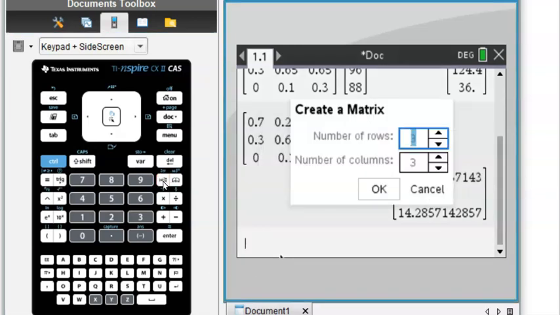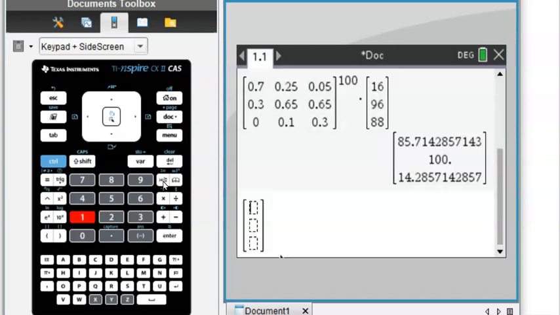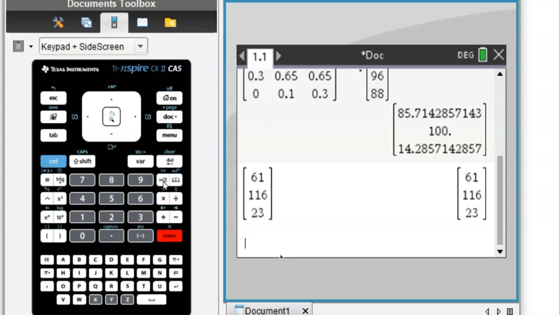So going in, K2 was a 3 by 1 column with values 61, 116, and 23. So we press enter. Now we're going to use that as the answer, and I'm going to type the recurrence relation as I see it.